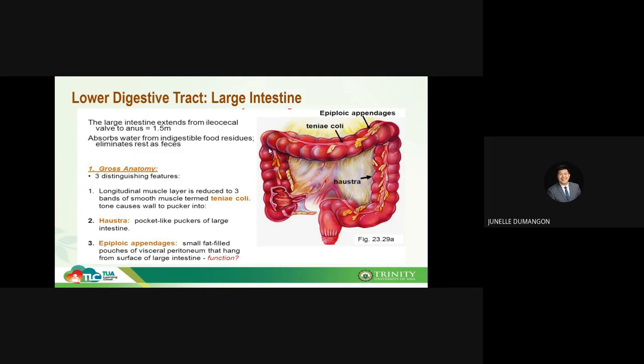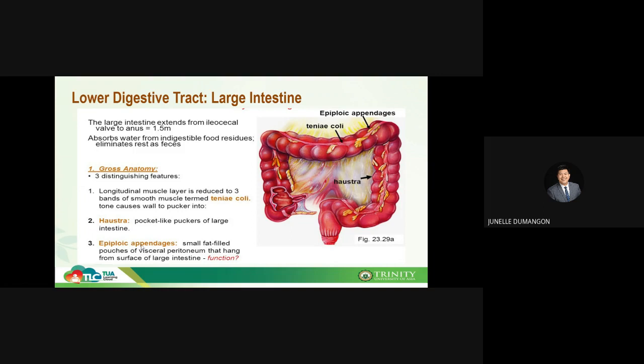And if you notice, your large intestine can be arranged into several pockets, para silang longganisa, no? Ayan. So those pockets are called haustra. And our large intestine also has fat hanging beside them, and we call those fat as epiploic appendages.